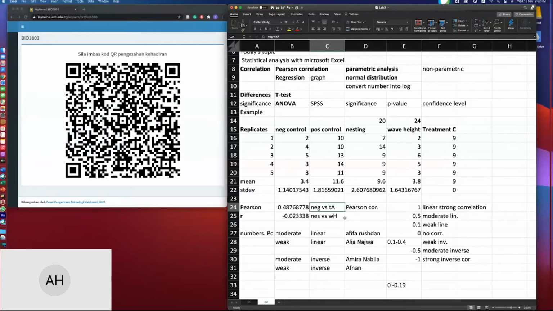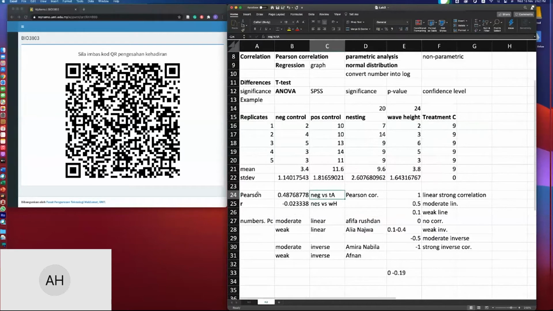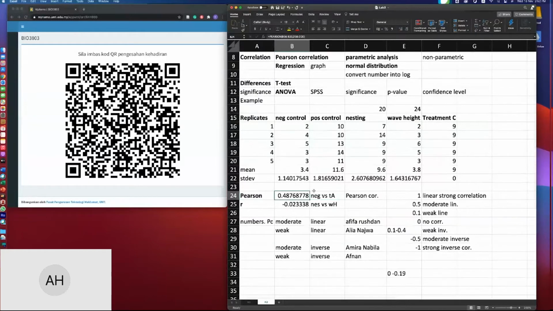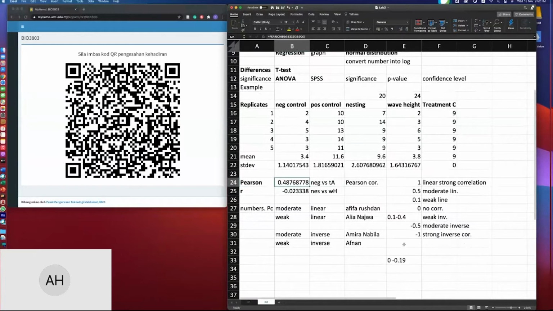Okay, now you have done the Pearson correlation using Excel, as I taught you. I'm going to move forward to how to do the regression. How to do the regression in Microsoft Excel?